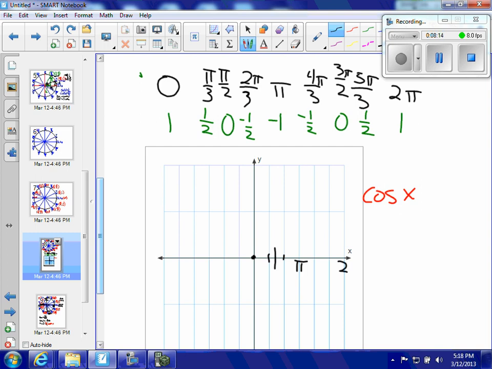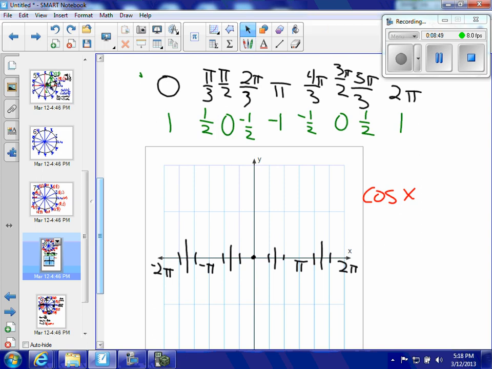And this here is 2 pi. And over here, I have negative pi, so an angle that goes the opposite direction. Negative pi, I've divided into 3s, and I have negative pi over 2, and I have negative 2 pi.